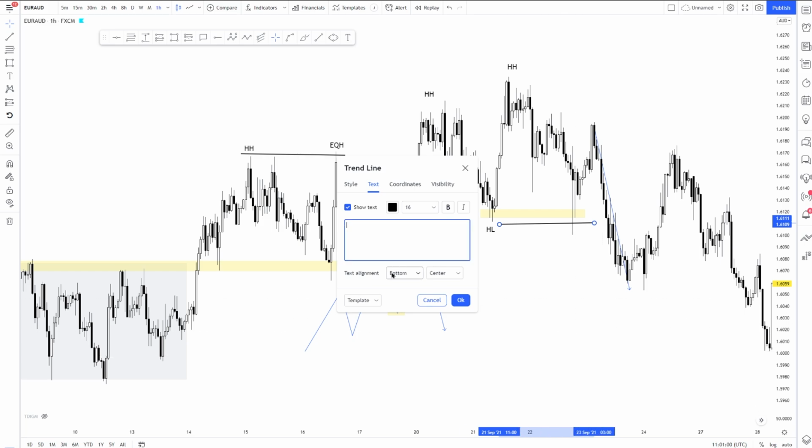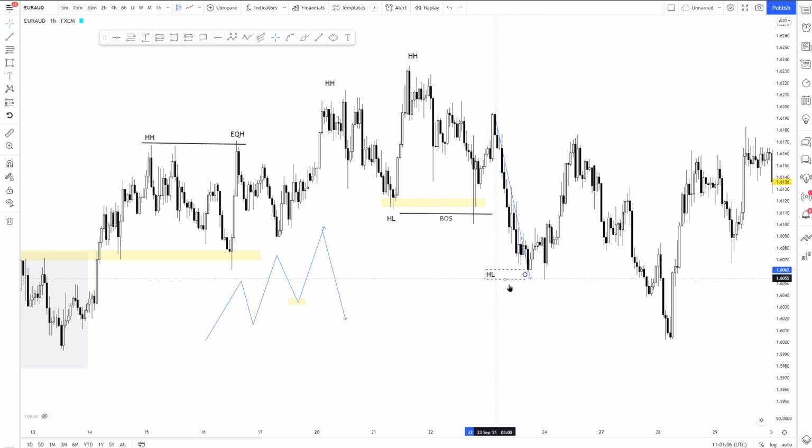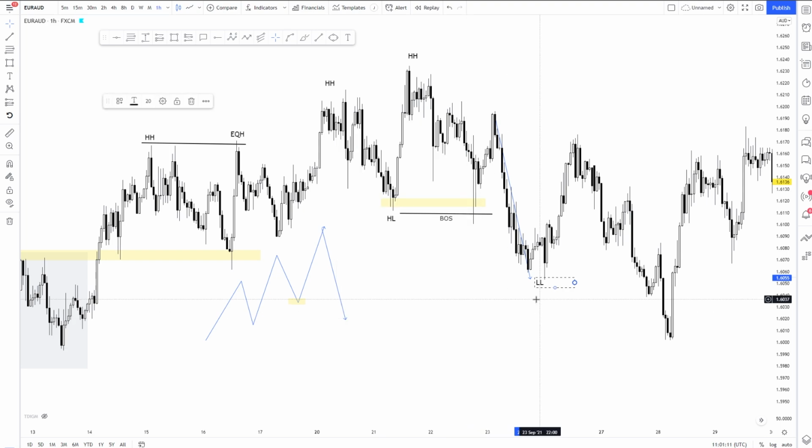So let me mark it up so we can do BOS, break of structure, and the market created a new lower low. If the market created a lower low, now we're not going to look for buy opportunities, but we're going to look for sell opportunities right here. So lower low, the market pulled back and made a lower high.